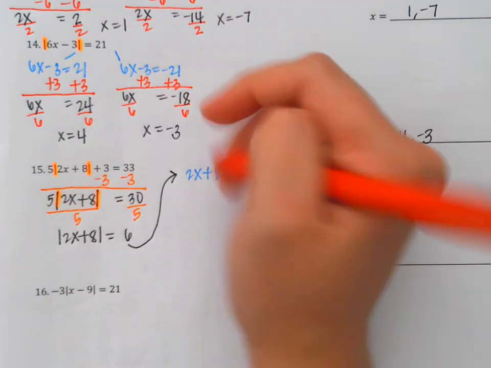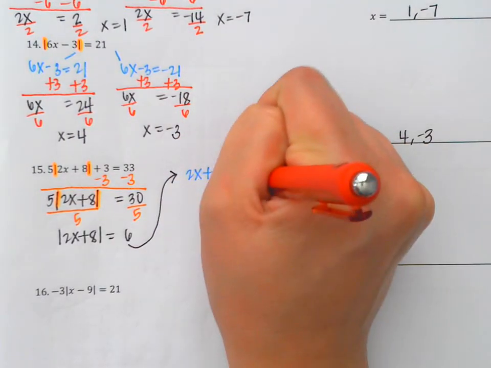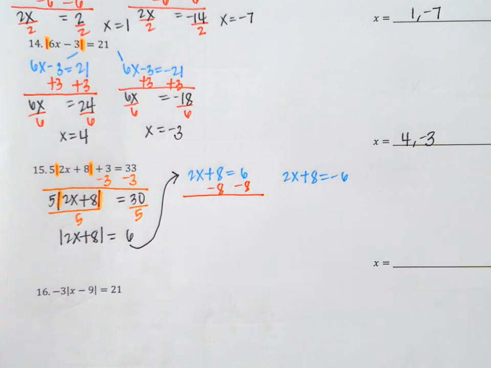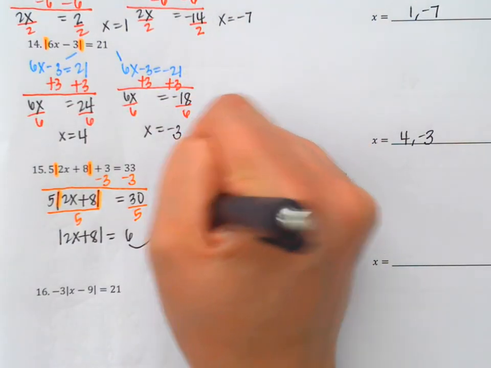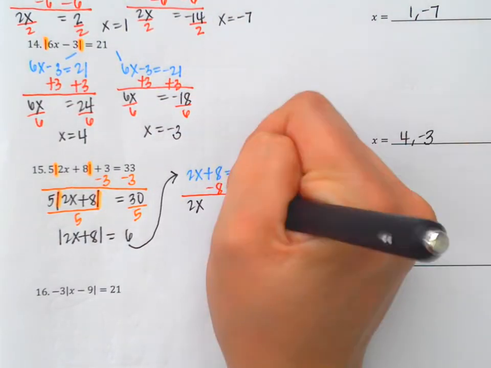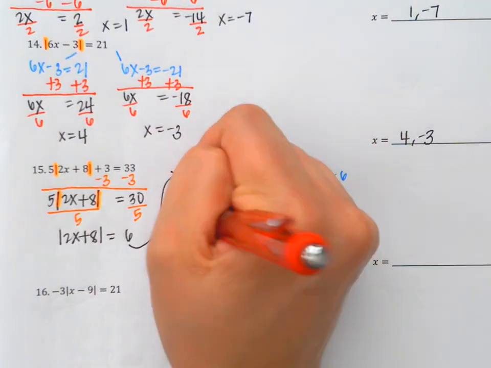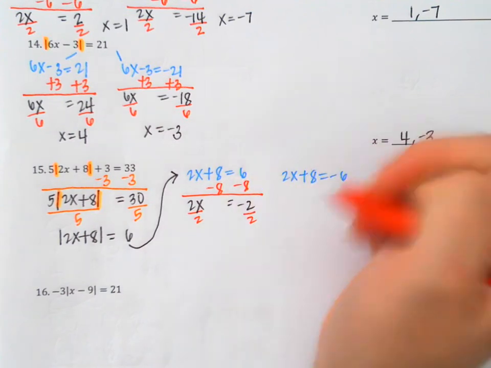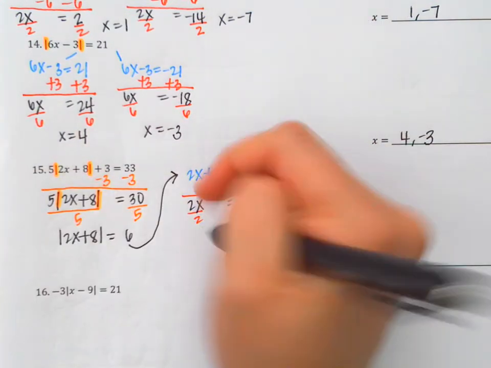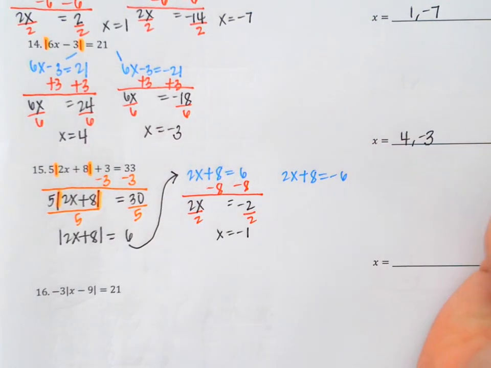So I would subtract 8 from both sides. And I get 2x. 8 minus 8 is 0. 6 minus 8 is negative 2. Get x by itself by dividing both sides by 2. And I get x equals negative 1.